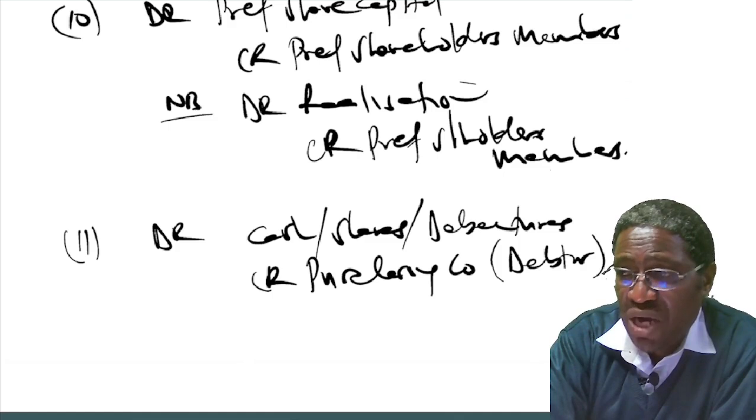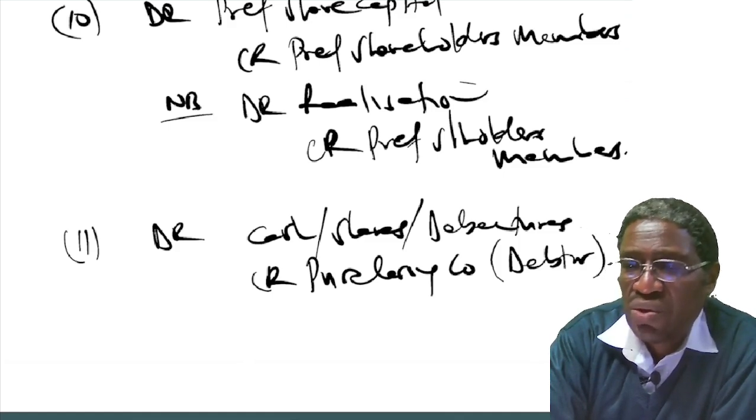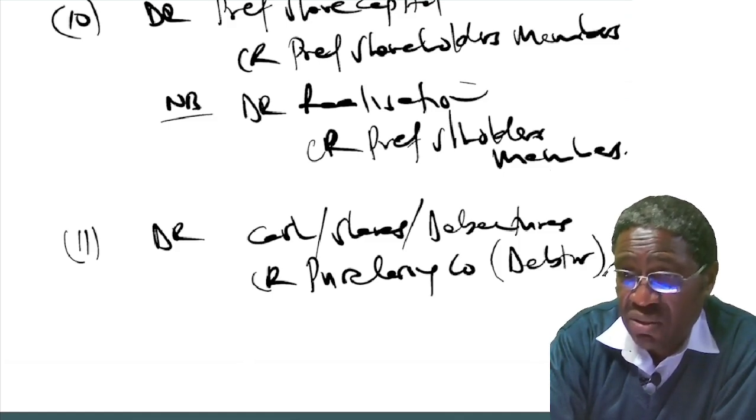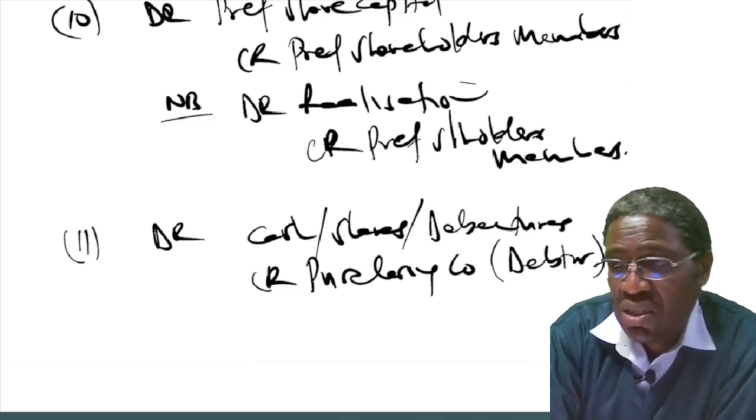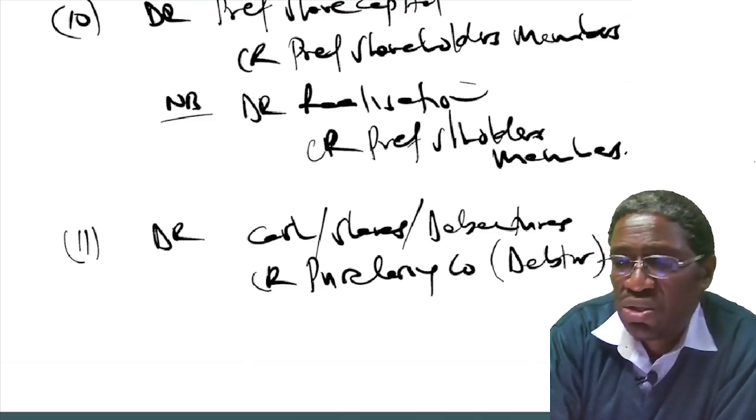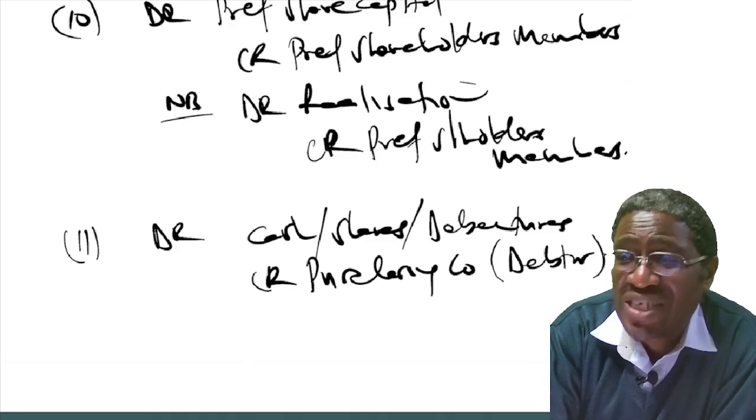So allow me to go back to my discussion now, because those are the entries we have discussed so far. We want to continue from there to step 12, 13, 14, and 15. We are remaining with a few more to finish the entries in the books of the selling company.